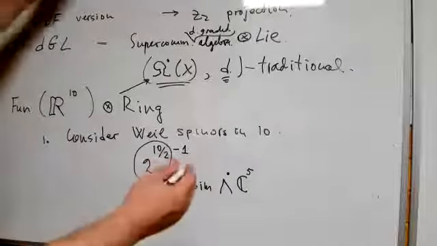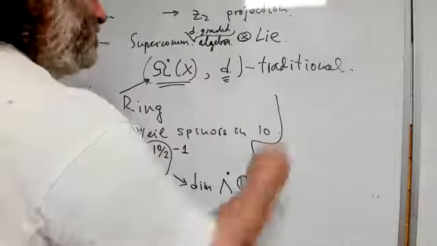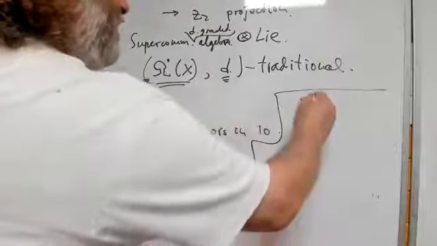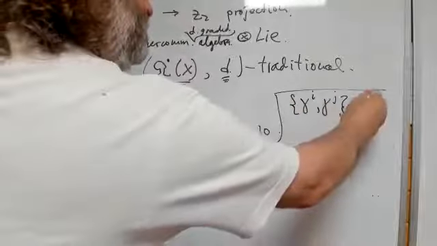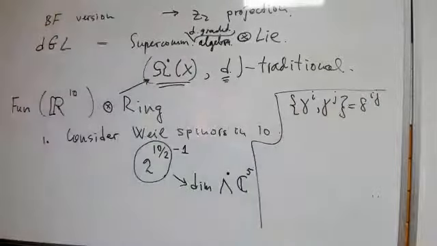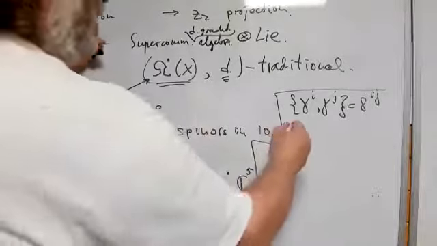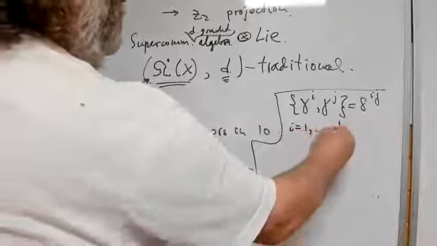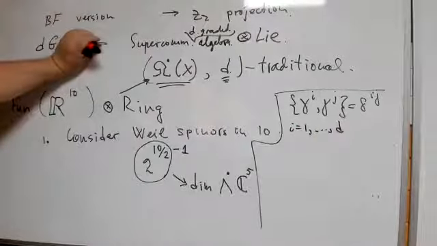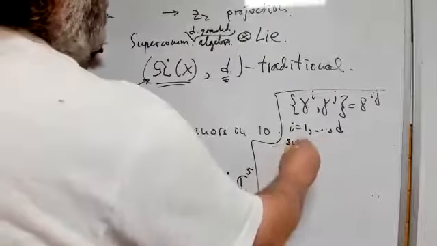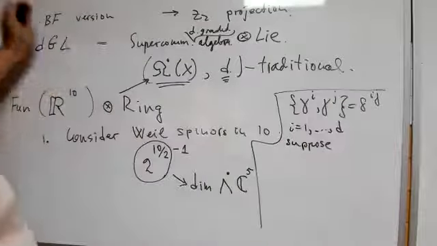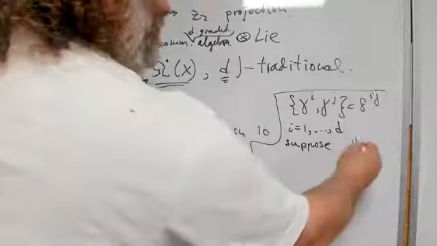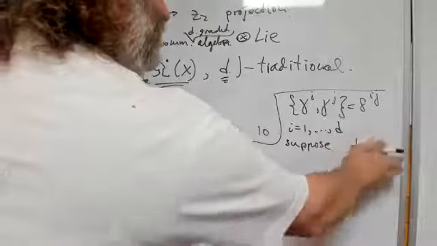So spinors are representations of the algebra called Dirac algebra, with I going from 1 to D. Suppose Clifford algebra, right? Clifford algebra, yes. But Dirac, maybe Clifford introduced it before. Suppose D equals 10.